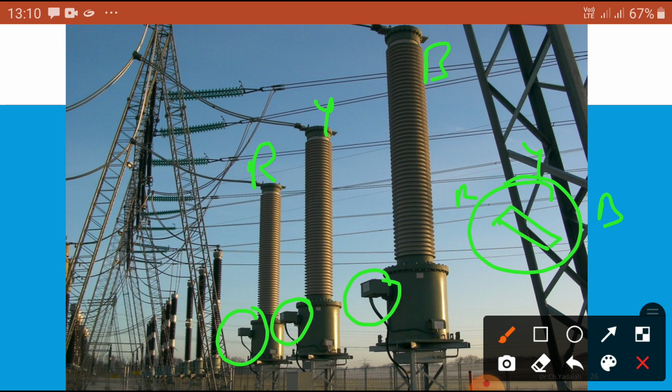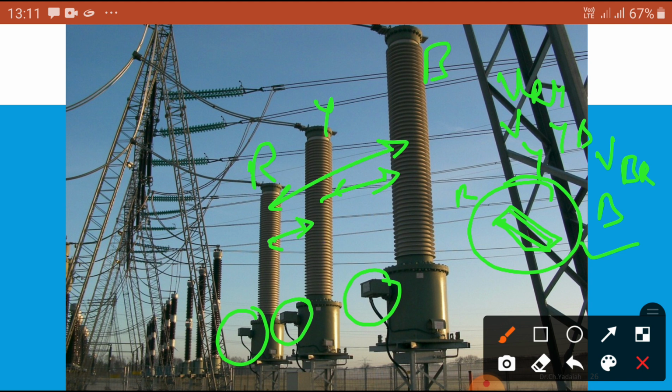So we can see the voltage across the R-Y, VRY, indicates on one voltmeter, VYB indicates the voltage, VBR indicates the voltage. By changing this knob in our panel board in our substation, we are going to measure the voltage between these two, between these two, and between these two. We will measure with the help of this one.